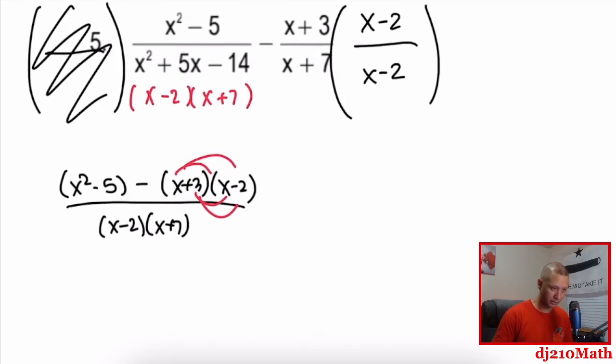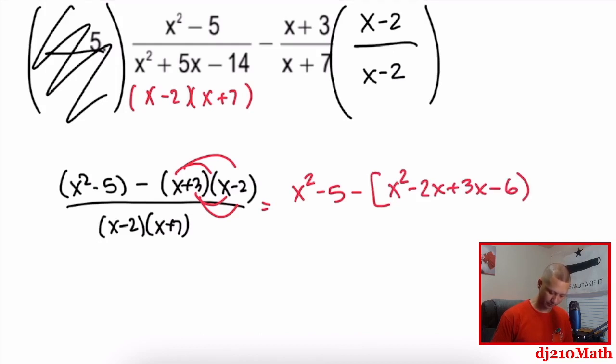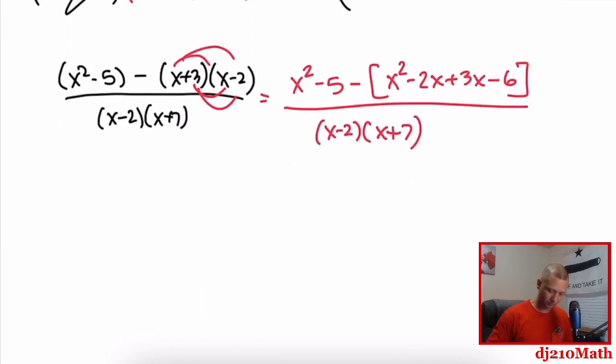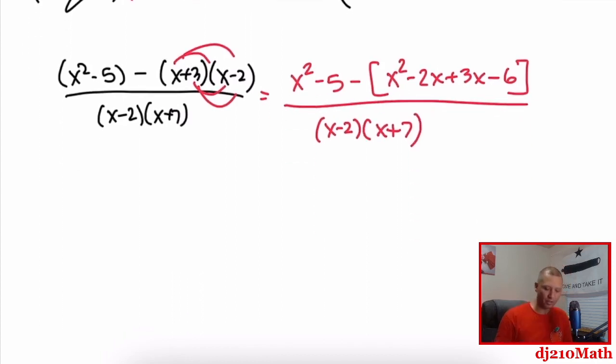So this is going to be x squared minus 5 minus, this negative right here is going to have to distribute for sure, x squared minus 2x plus 3x minus 6. Okay. Combine the like terms here.